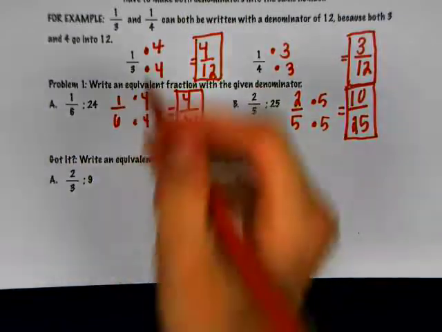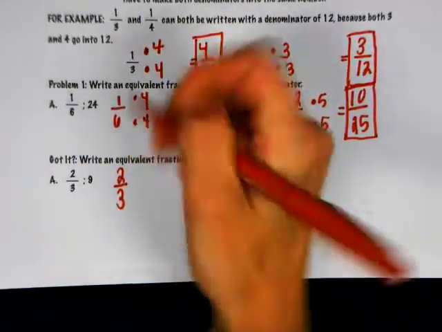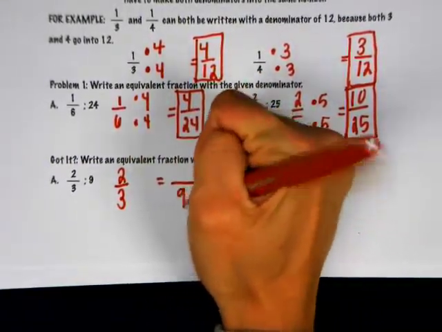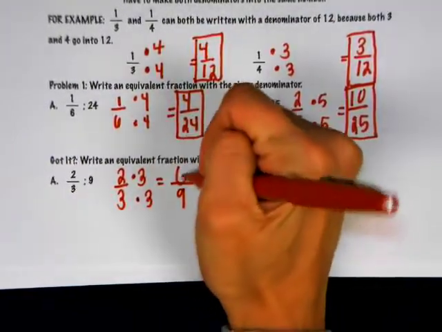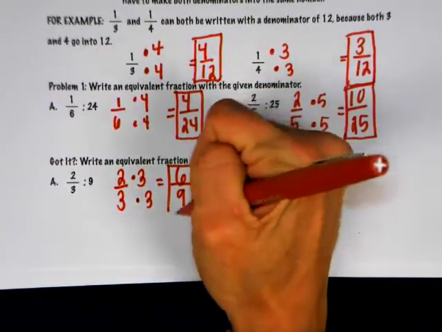Cool. All right, so we have 2/3. We want to write it out of 9. So what do you guys multiply the 3 by? Yep, so times 3. 2 times 3 is 6. So you should have 6 over 9.